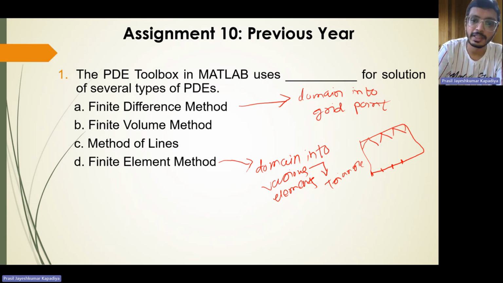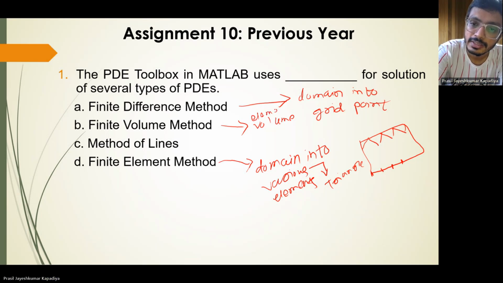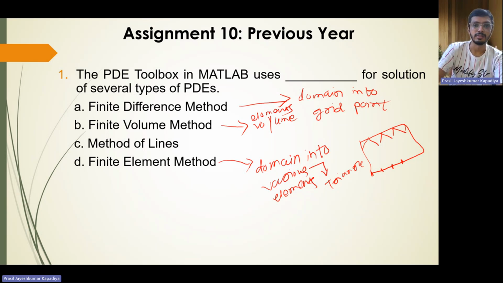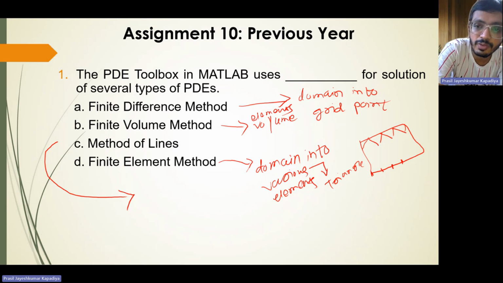In finite volume method, the name itself suggests that we divide our domain into volume elements of particular volume. And in method of lines, what actually happens is we first divide our domain into points. Then what do we do?